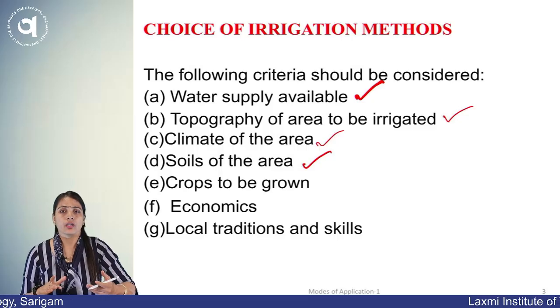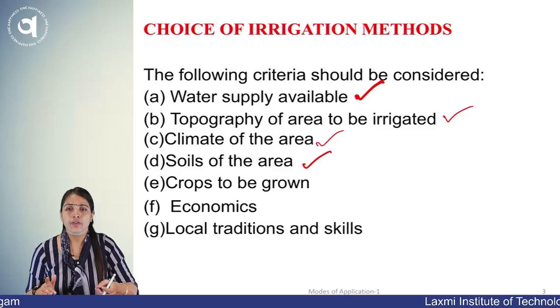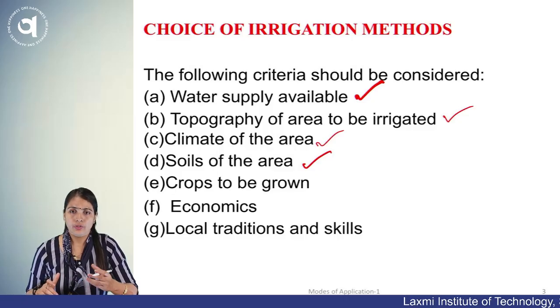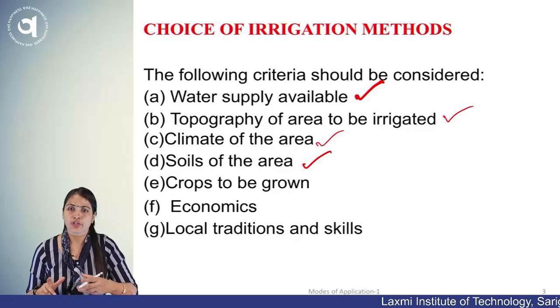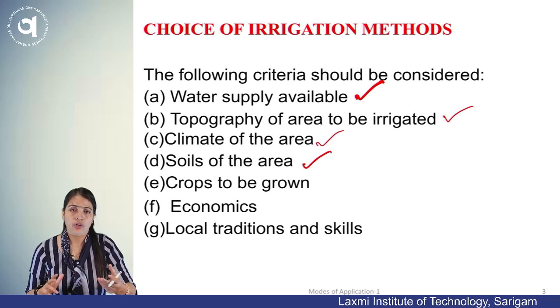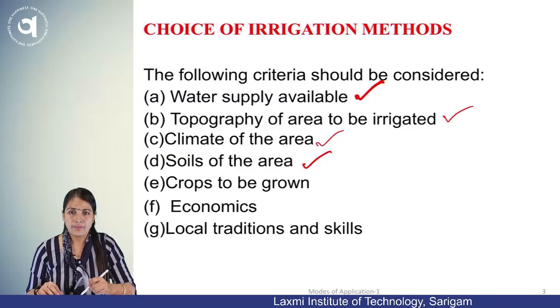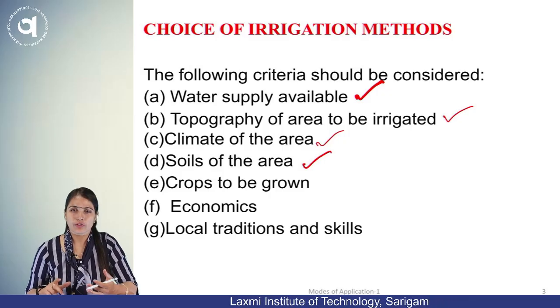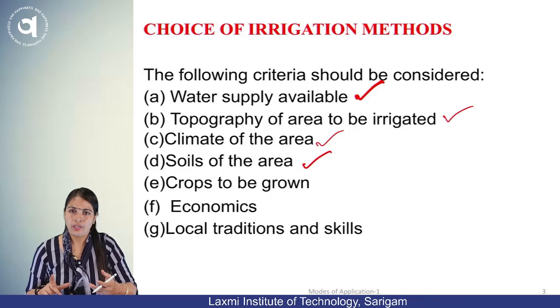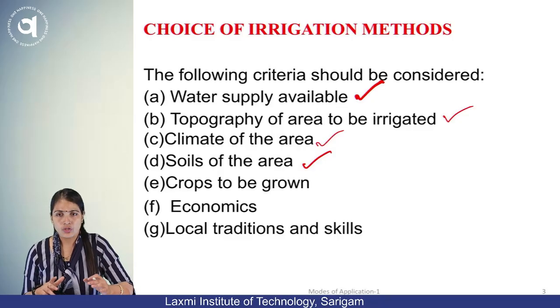If you have sandy soil, the water will get infiltrated fast and go under drainage, meaning gravitational water. You know that gravitational water is not available to the crop. So for sandy soil we should adapt surface irrigation methods or sprinkler methods. So for different types of soil, we should go for different methods of irrigation.